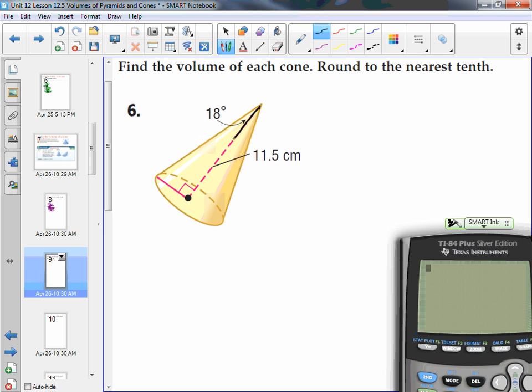So look what you got here. You've got the axis and a radius. Now, the cone is a curved surface. However, can't we take a segment from the end point of that radius up to the vertex and just make a segment out of it? And we have a right triangle.